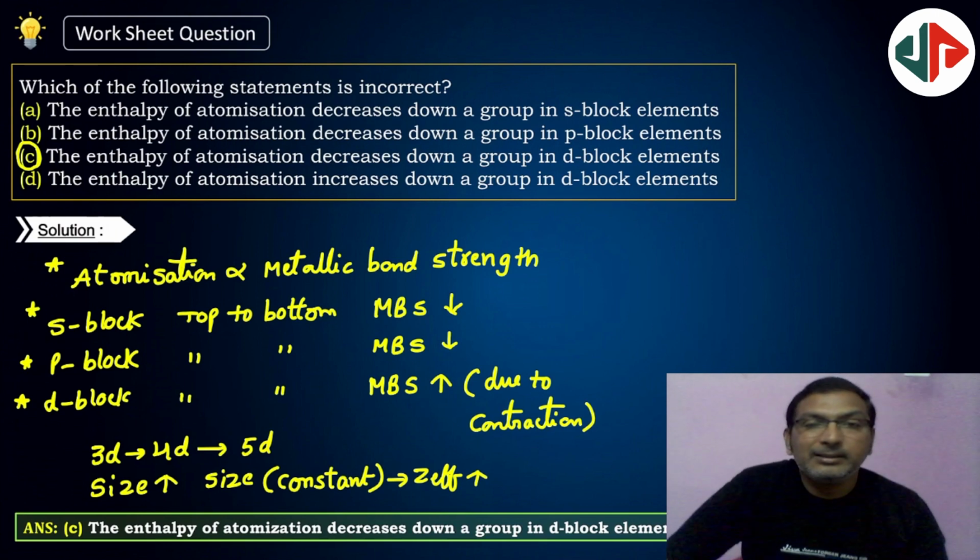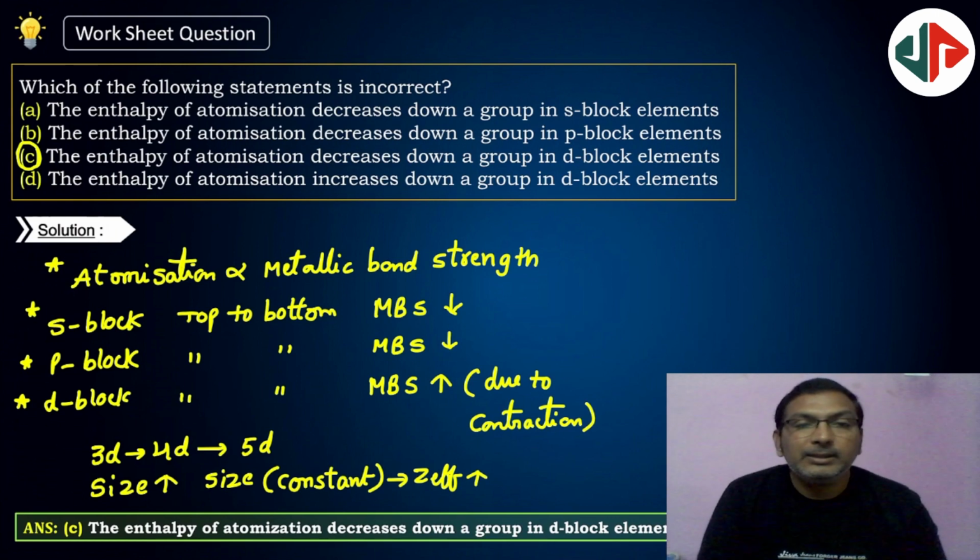Metallic bond strength also increases. So enthalpy of atomization is not regular in case of d block elements. 3d to 4d decreases, but 4d to 5d increases.